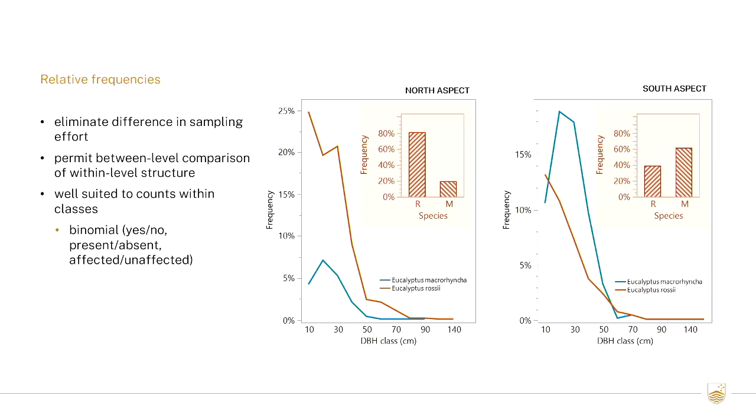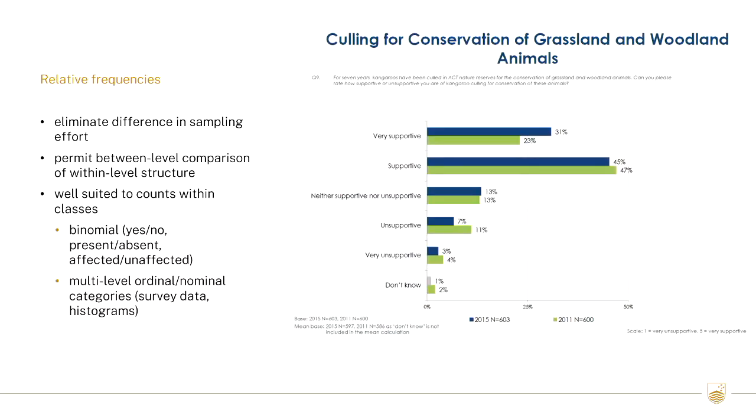We can apply that kind of approach to count data that are yes, no's, or multiple classes like we have within dominance classes. So we could apply an analysis based upon distributions just as equally as we could to these little bar graphs here as we can to the big line graphs that make up the main page. And we can apply it, ideally, to survey-based data as well.